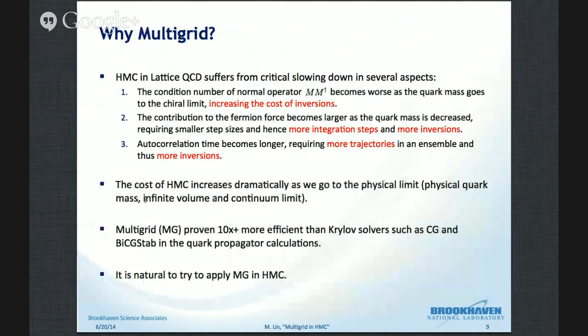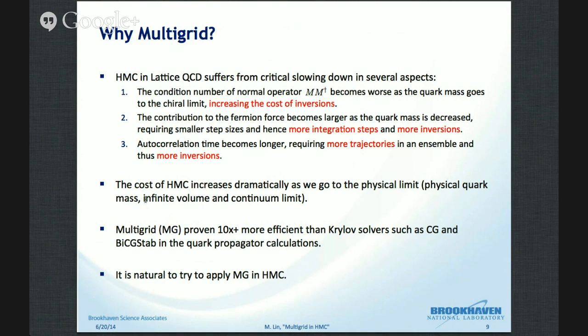And another problem is that the contribution to the fermion force becomes larger as the quark mass is decreased. This is assuming we use the same algorithms but change the quark masses. So when you have a larger fermion force, then you need to use smaller step sizes, which means you need more integration steps and more matrix inversions.